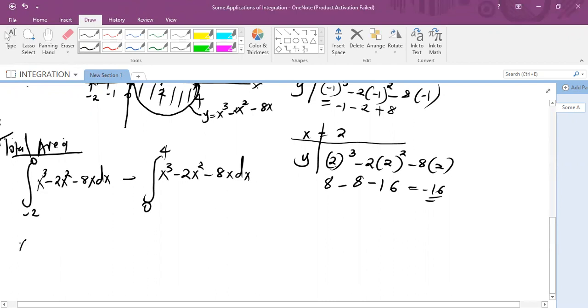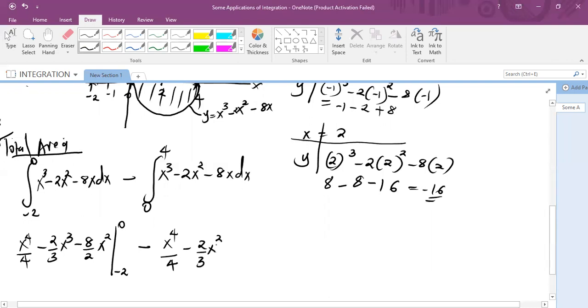So integrating this, we will have x raised to power 4 over 4 minus 2 over 3 x cubed minus 8 over 2 x squared, and this from -2 to 0, minus, integrating this other side, we have x raised to power 4 over 4 minus 2 over 3 x cubed minus 8 over 2 x squared, from 0 to 4.